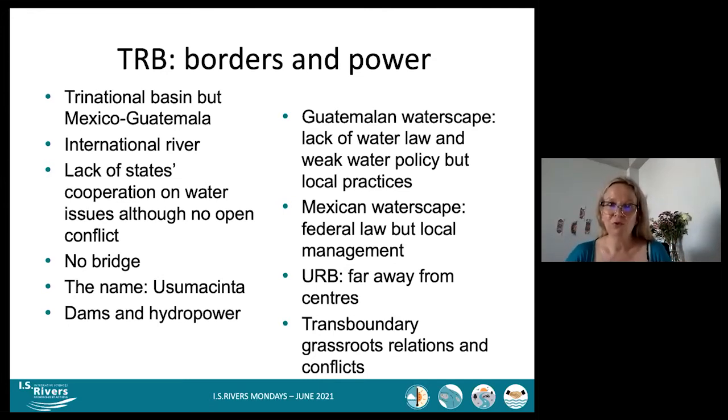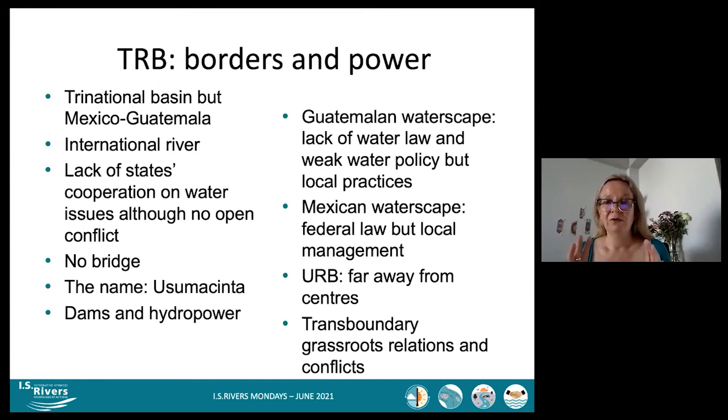But there are local practices around water that are connected to certain beliefs, native Indian beliefs.